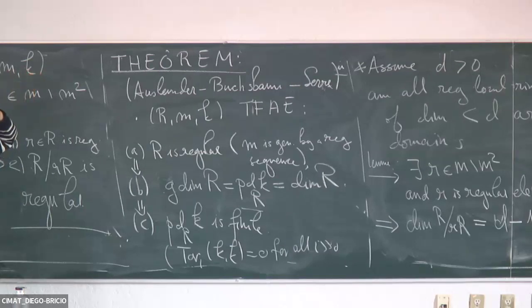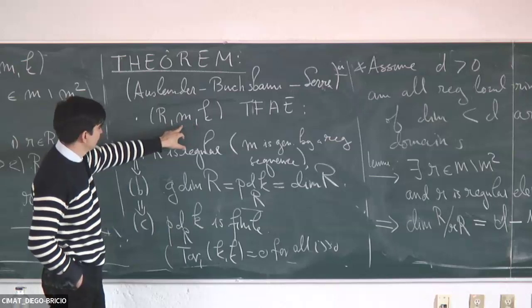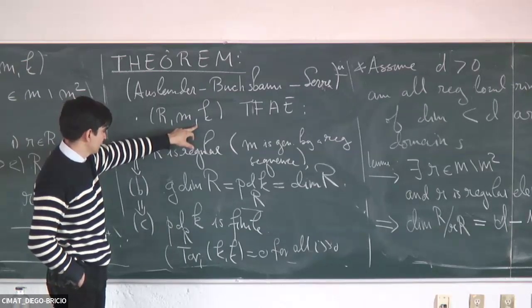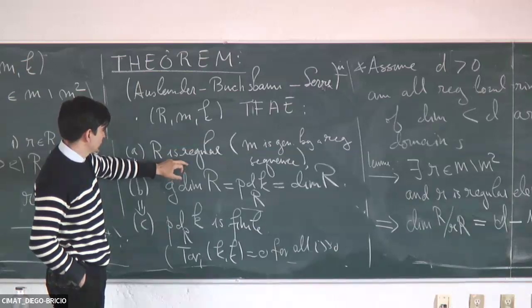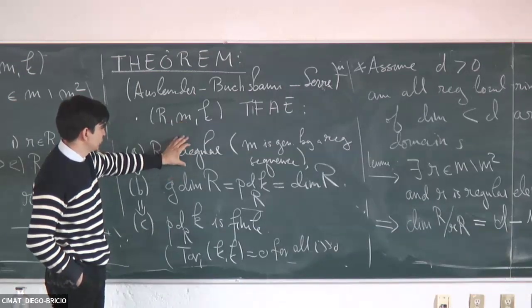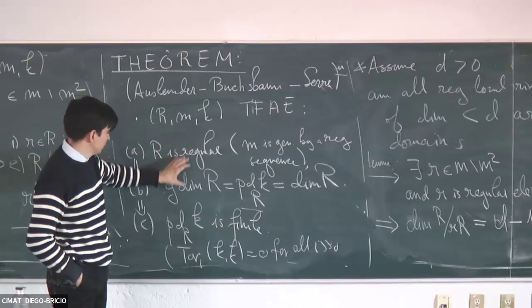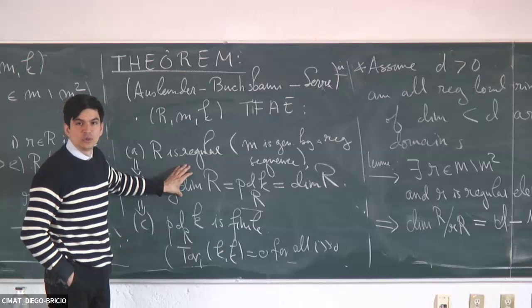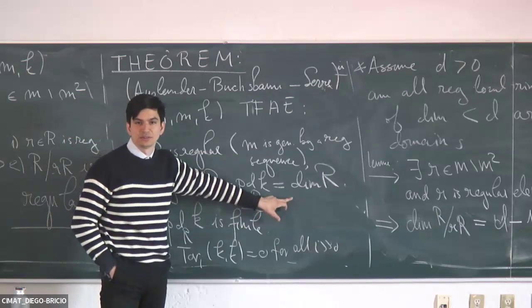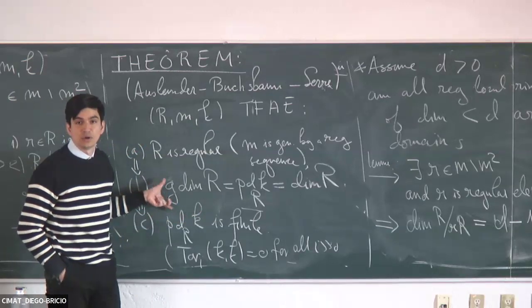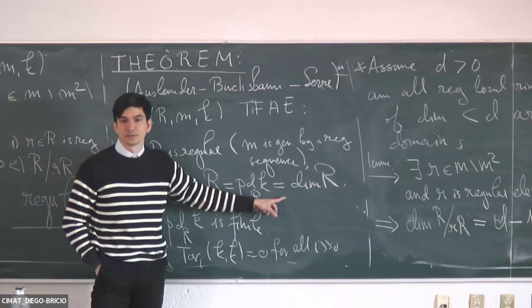So actually, notice that for this theorem to work, we need R to be local. And so that is needed for this definition, at least in the theorem part. For this definition, we need finite dimension. There is no noetherianity needed to define this, only that this dimension is finite.